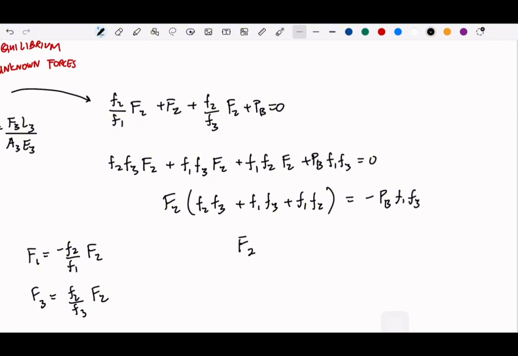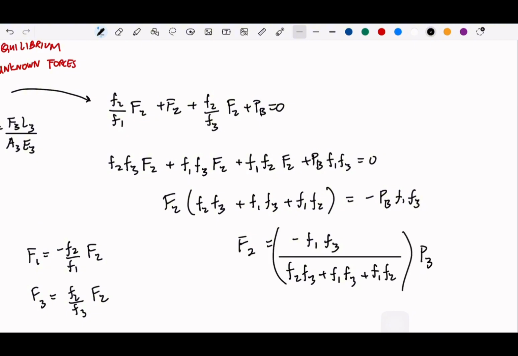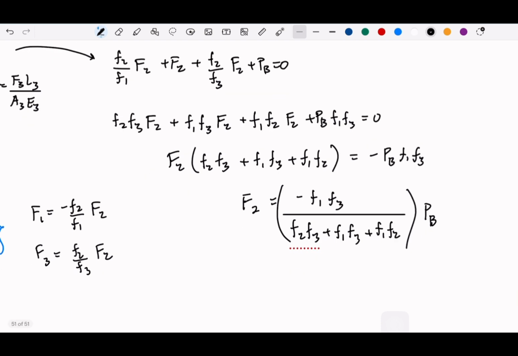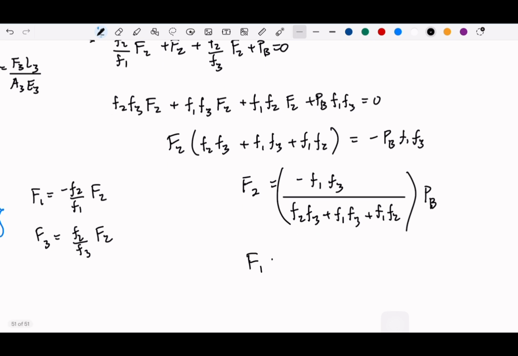So F2 is negative F1, F3 over F2, F3 plus F1, F3 plus F1, F2, multiplied with PB. Okay, and you can get the same result with F1 or F3 the same way, using the same method.